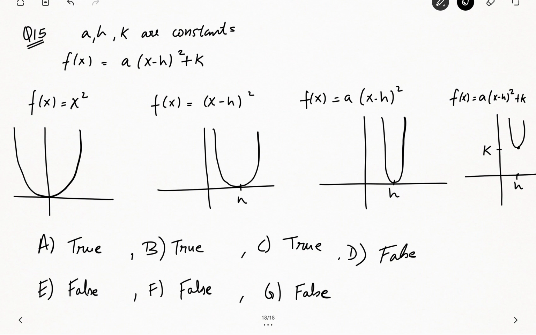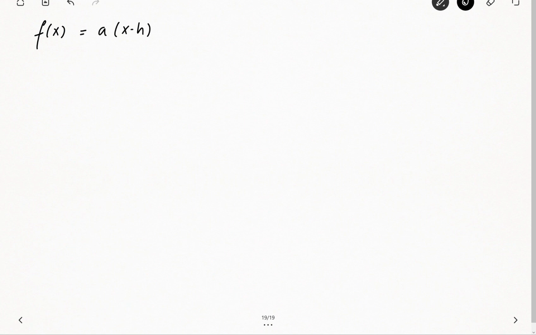Okay, so now we're going to try to find out some calculus to develop further ideas. So if you have this function here, let's just write it down again: a(x minus h) whole squared plus k. And now when you start to take a derivative of that, as they ask you, remember to treat a, h, and k as constants, only x is the variable.